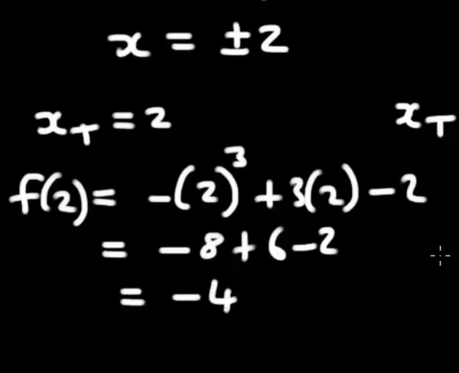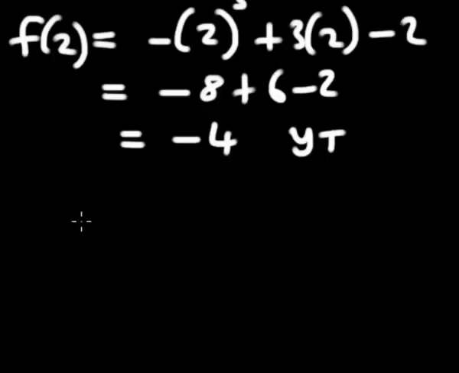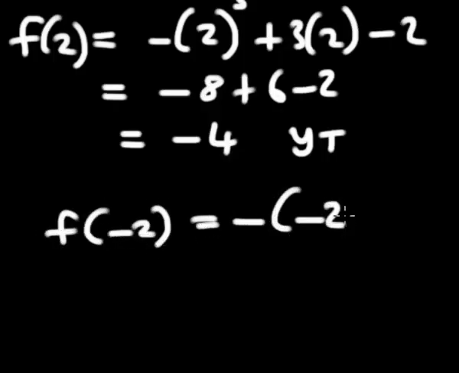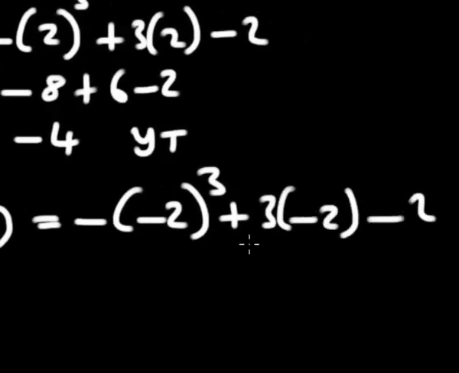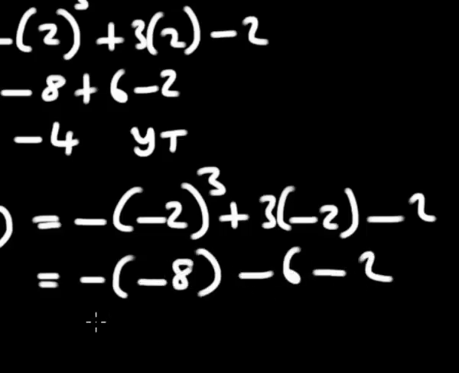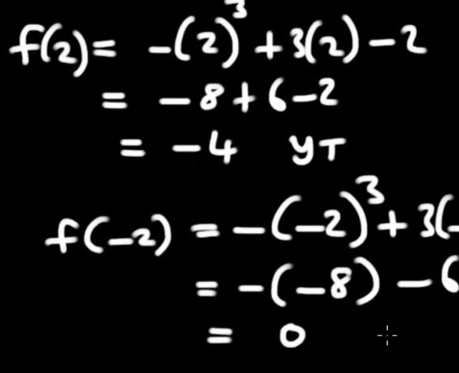So that's one of the y values. What about x of t being negative 2? What is f of negative 2? It's negative negative 2 cubed plus 3 times negative 2 minus 2, which is 8 minus 6 minus 2, which is 0. So there's another y value here.